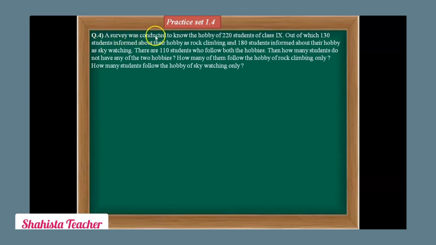A survey was conducted to know the hobby of 220 students of class 9. So these 220 students are number of U, out of which 130 students inform about their hobby, and their hobby was rock climbing.